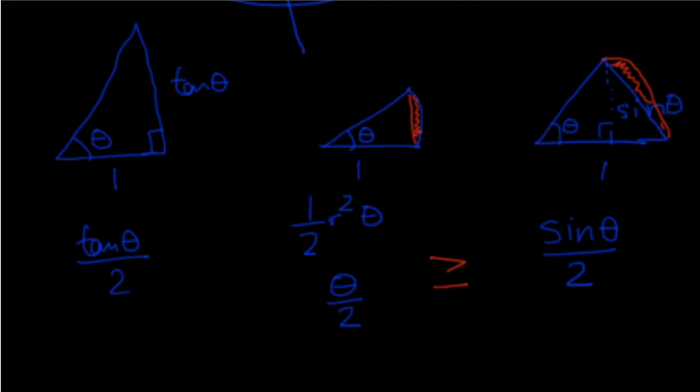And the first triangle is basically the sector, but it's extended up here. So that has to be bigger than or equal to the sector.